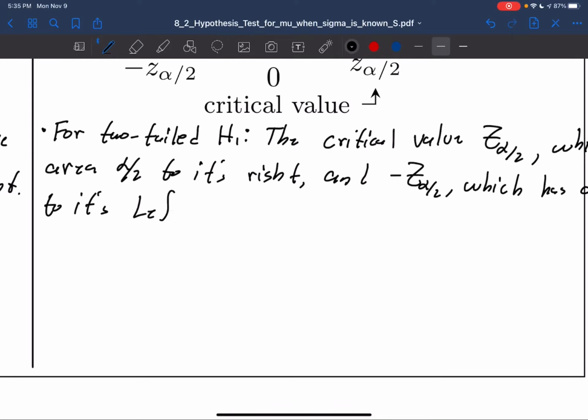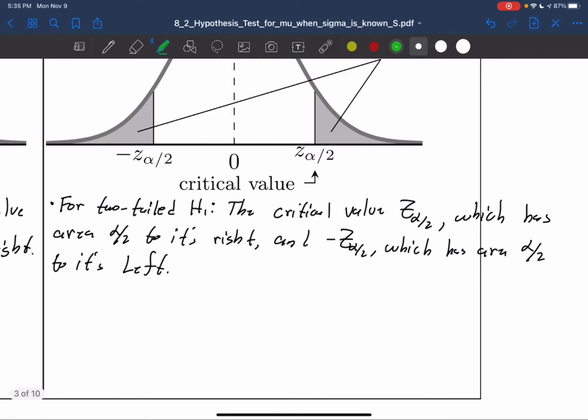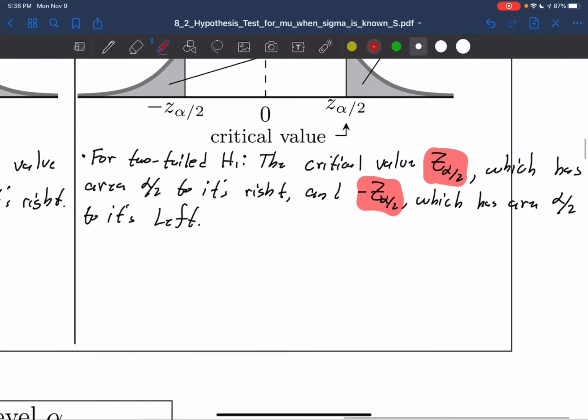So when we're dealing with two-tailed tests, we actually have two critical values, negative z of alpha over 2 and positive z of alpha over 2. Awesome.